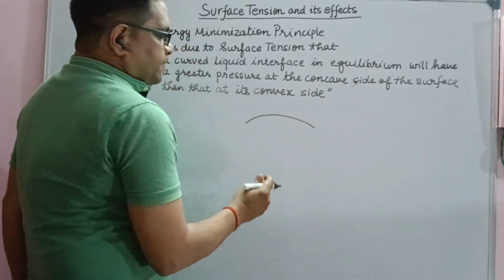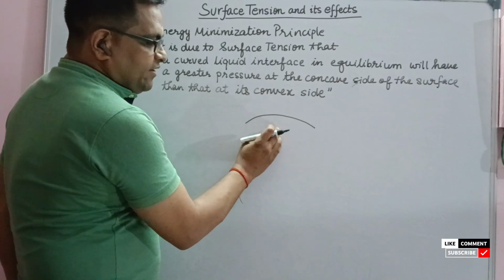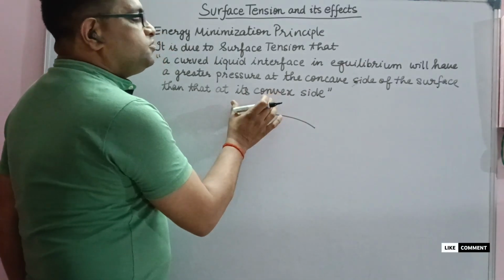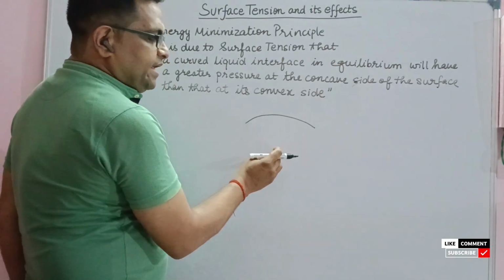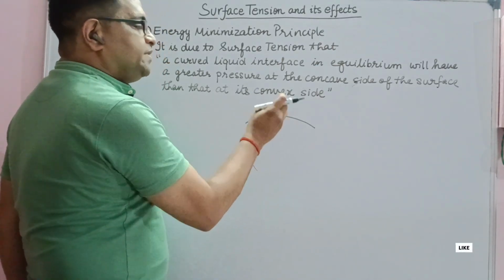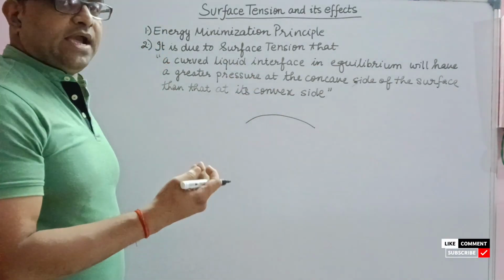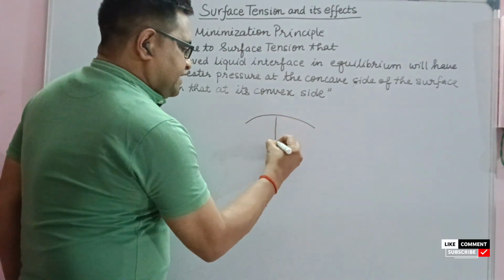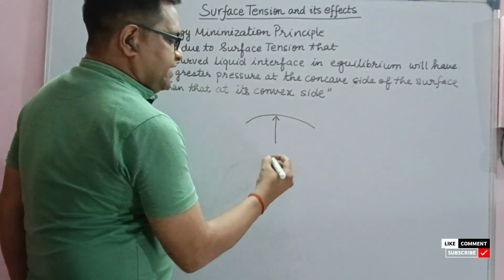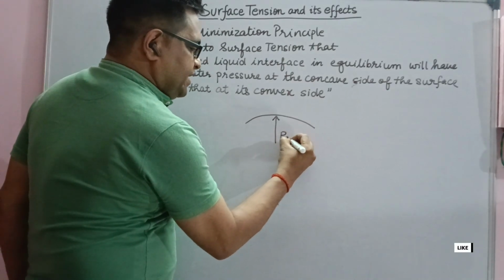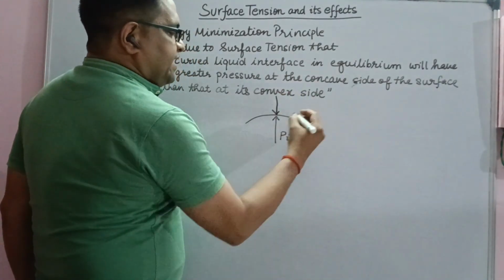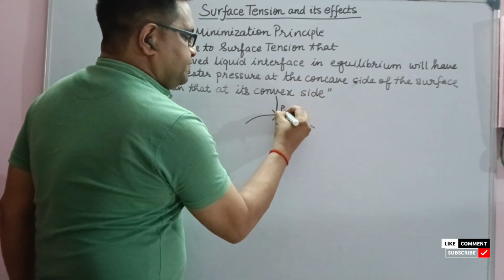For this, this side will be the concave side and this will be the convex side. Now it is due to surface tension that the pressure acting at the concave side will always be greater than the pressure acting at the convex side. So let us say that the pressure acting at the concave side is Pi, and the pressure acting at the convex side is PO.